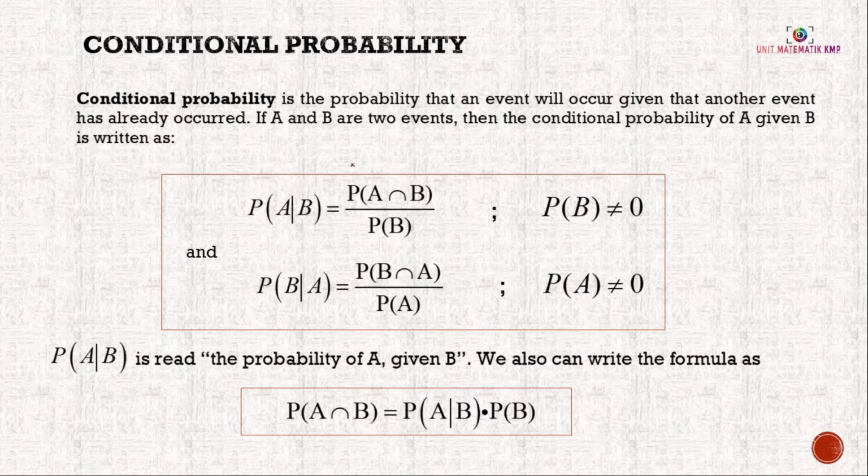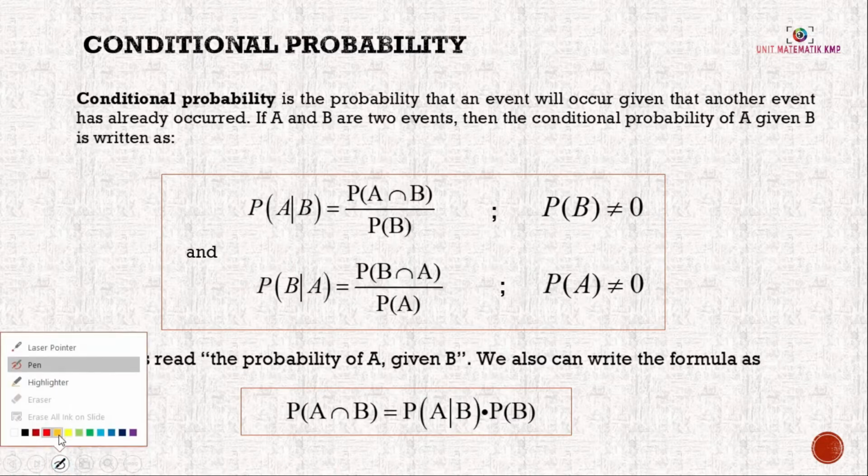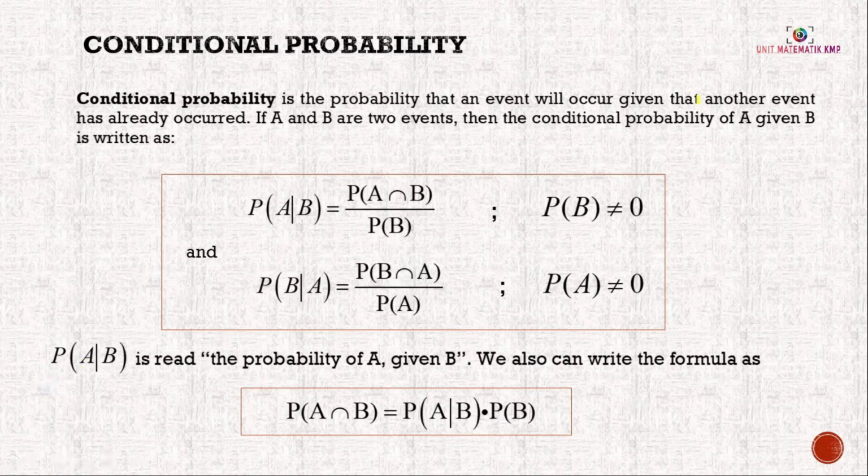Okay, conditional probability is the probability that an event will occur given that another event has already occurred. If A and B are two events, then the conditional probability of A given B is written as P(A|B).